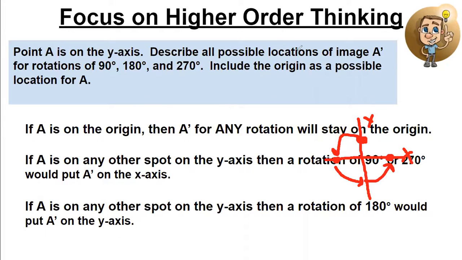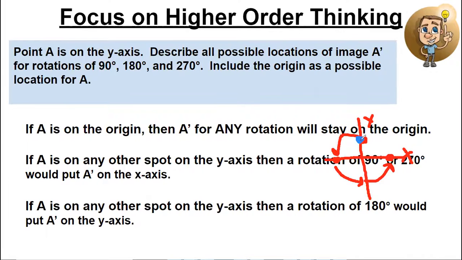So let's do a different color. So if it was here, and we go 180 degrees, that's 2 spots. There's 1/4, and that's 2/4. So it would end up right there, back on the y-axis again. Okay, you've got to try to visualize some of this, okay? All right.